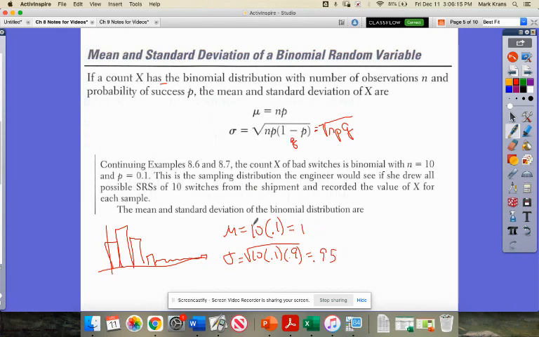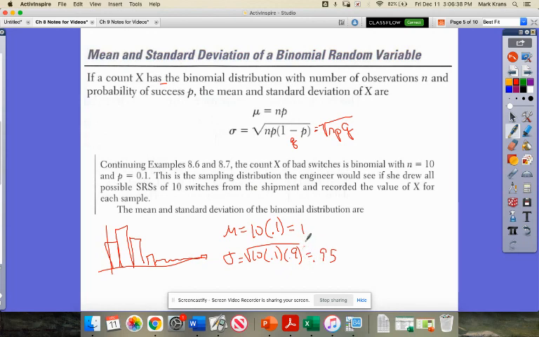Okay, and that means that in the long run, I would expect to find an average of one failure. All right, and my average distance from that mean is 0.95. So I'm just as likely to have 0.05 as I am to have 1.95, right? So on average, how much would I be off by in the long run? These are long run calculations.